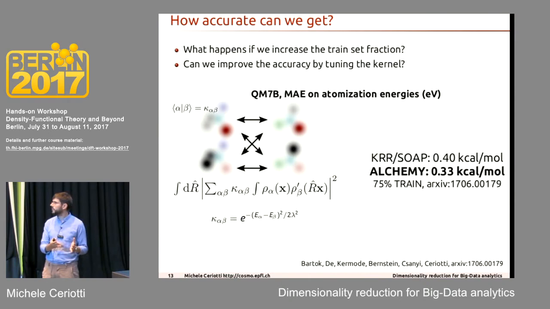What do we learn from this? Well, we learn what chemists have known since before Pauling, which is the fact that different elements behave in similar ways. And if you include this information in the making of your machine learning algorithm, you can gain a substantial amount of accuracy.